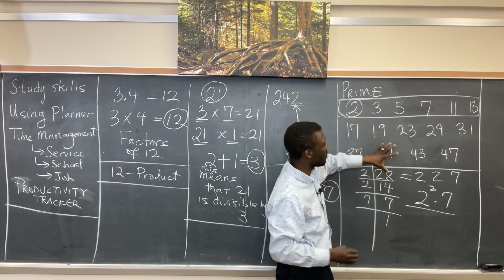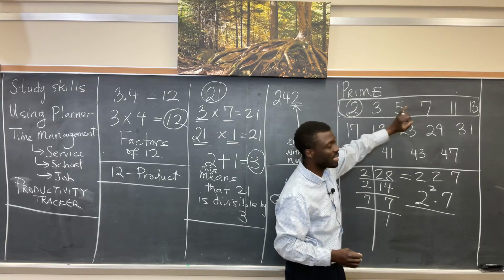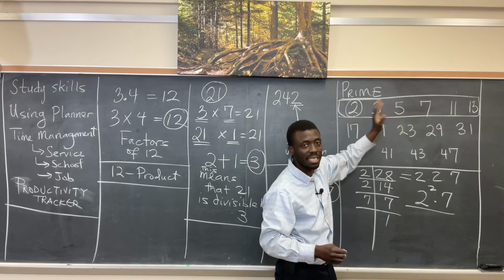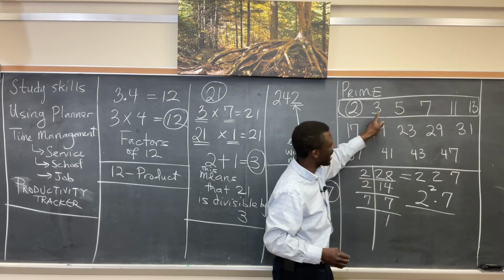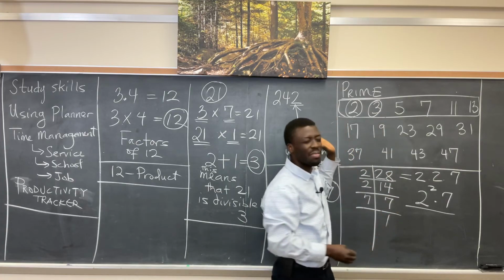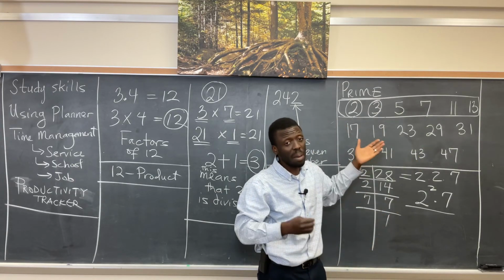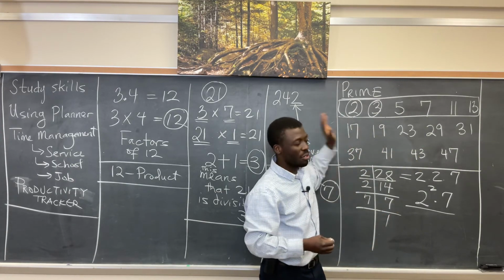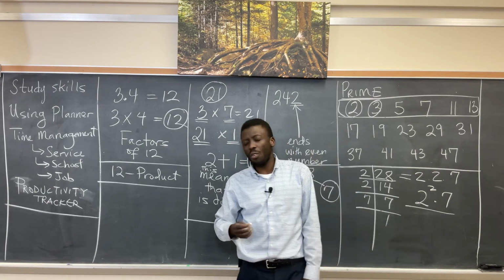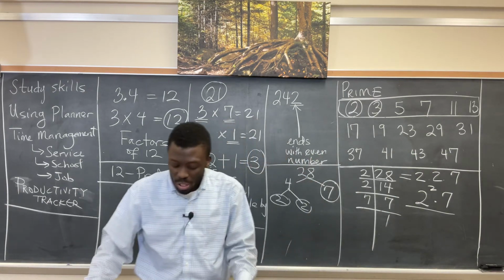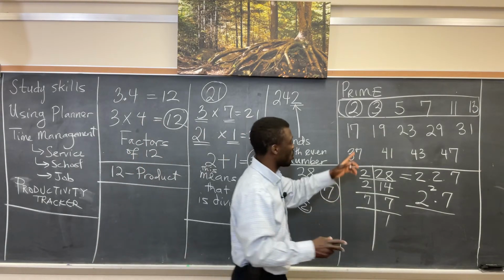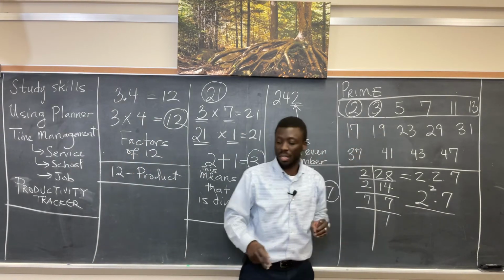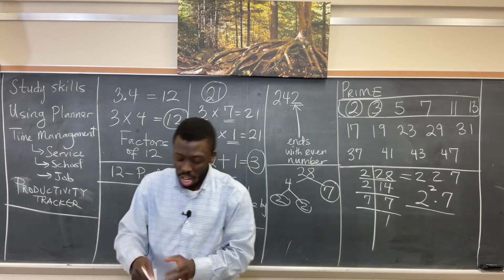So you write 1 to 100, you take 2, you cancel 4, 6, 8, 10, 12, 14, 16, 18, 20, 22, 24. Then you take 3, you circle it, and you cancel everything that is a multiple of 3, some of which have already been canceled. You write 4, you cancel every multiple of 4, and so on. When you finish, the numbers that are circled will generally be the prime numbers.